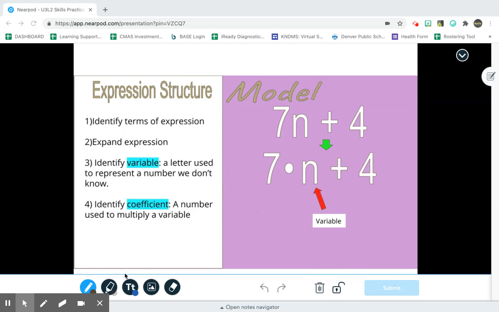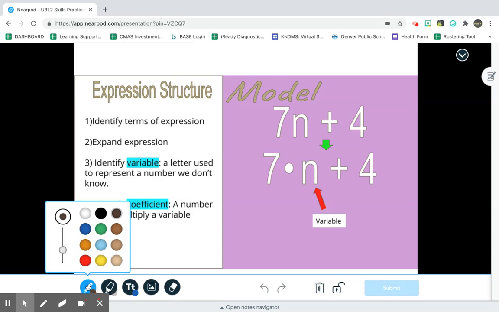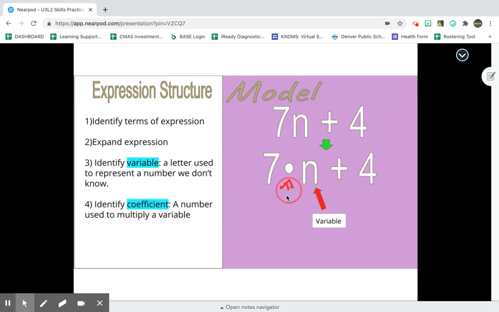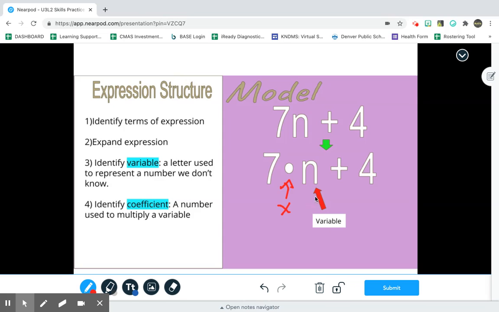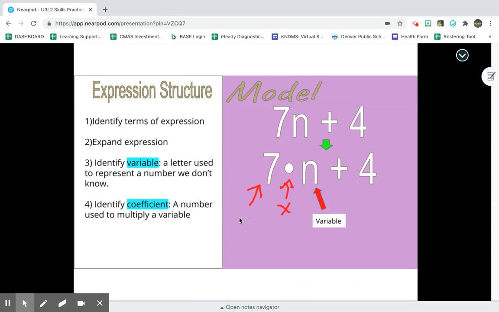All you have to look for is your variable and what it's being multiplied by. So here is our multiplication symbol. Remember, this means multiplication. Well, what is this n being multiplied by? I already identified the variable. It's being multiplied by 7.